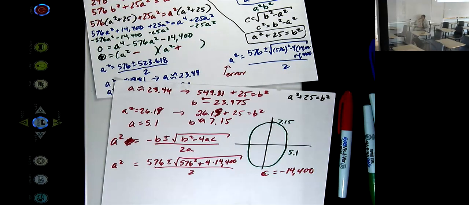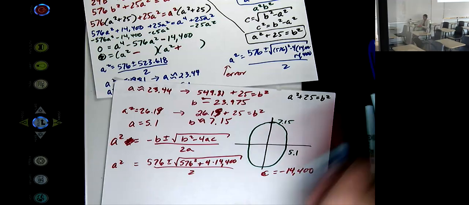All right, let's figure out what the new values are. I know that we're totally past our timer here. But now I want to know, and I blame this on this problem. Square root of 576 squared plus 4 times 14,400 equals. That's an easy number.